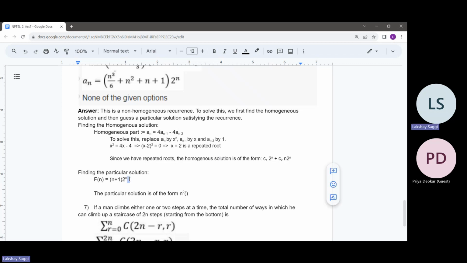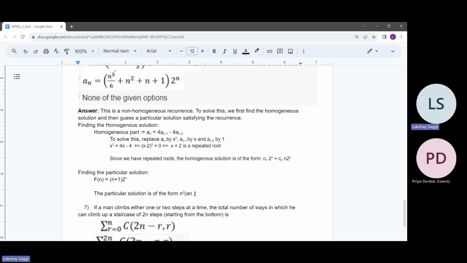Note that here in fn we have this 2 raised to the power n term, and in the homogeneous solution we also had this 2 raised to the power n term. So if the roots of the homogeneous part and this term coincide, then the particular solution is of the form n square times. These rules can be checked out in the lectures only.